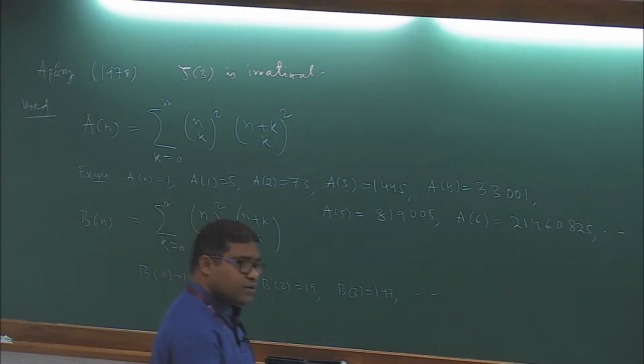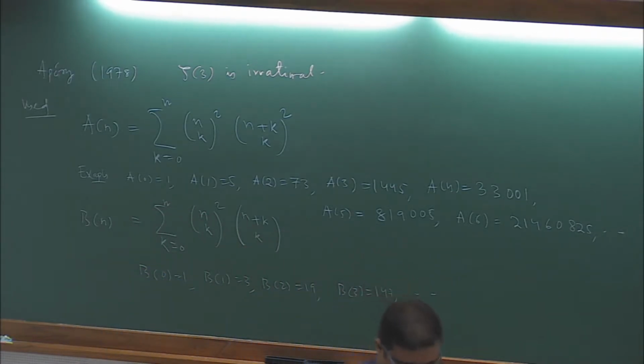Okay? So after this proof of Apery that zeta 3 is irrational, many people were interested to know properties of these A_n's, namely combinatorial properties or congruence properties of these A_n's and b_n's.